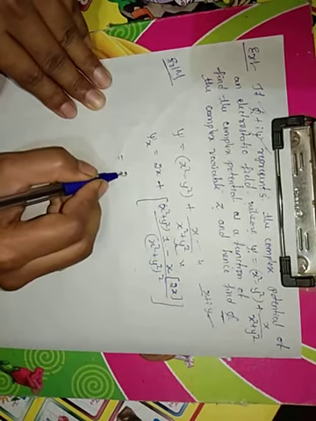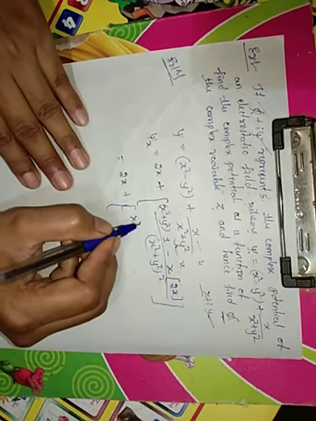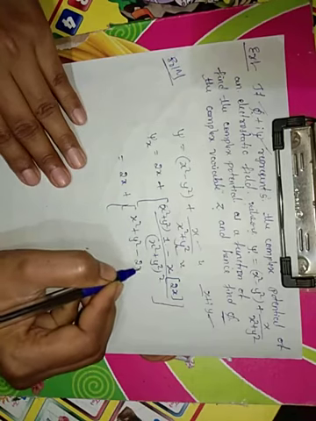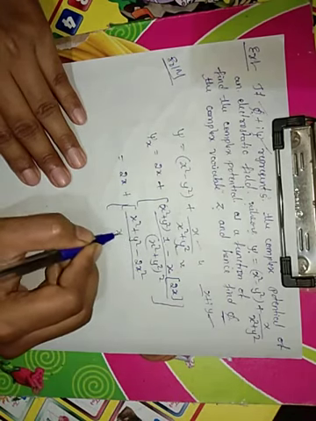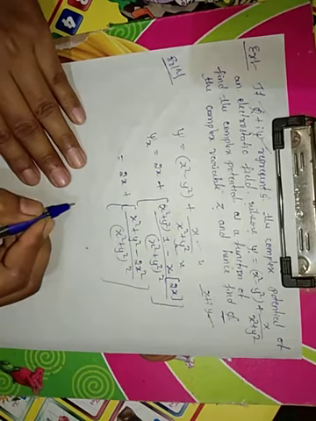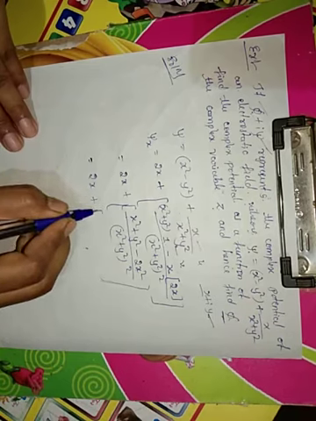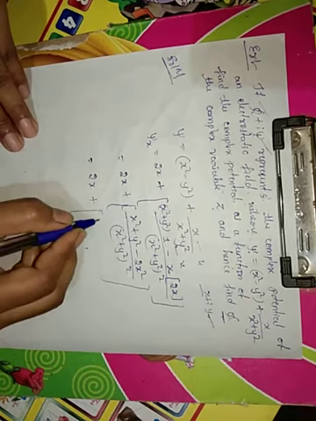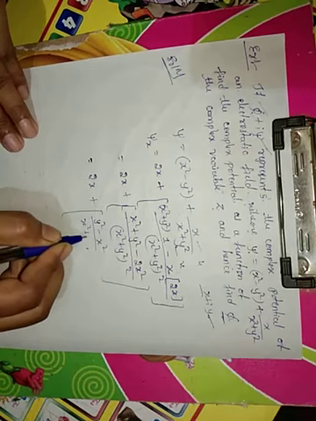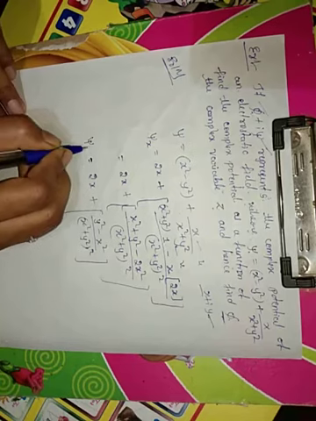That is equal to 2x plus x square plus y square minus x into 2x, which is 2x square, divided by x square plus y square whole square. Simplify the terms here. We get 2x plus x square minus 2x square, which is minus x square, divided by x square plus y square whole square. That is our xi x.